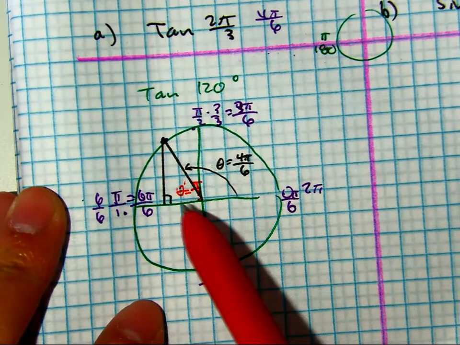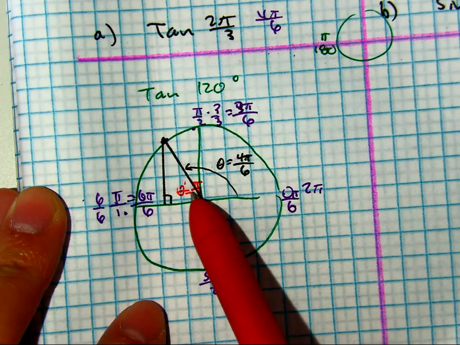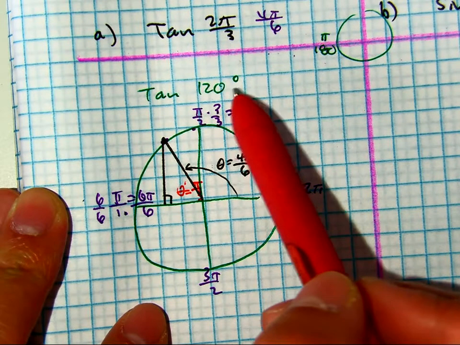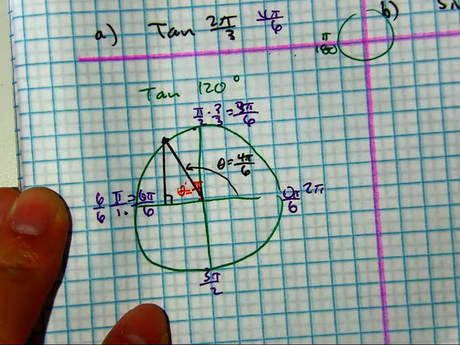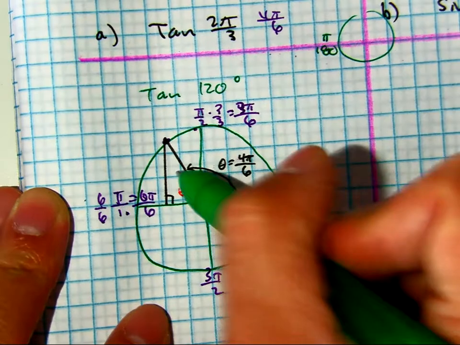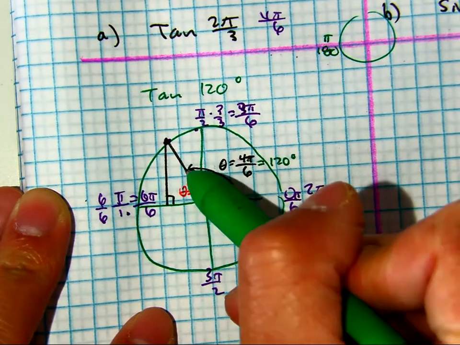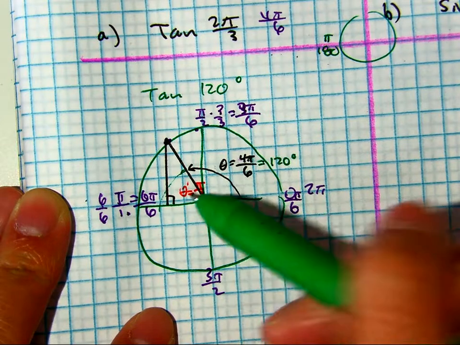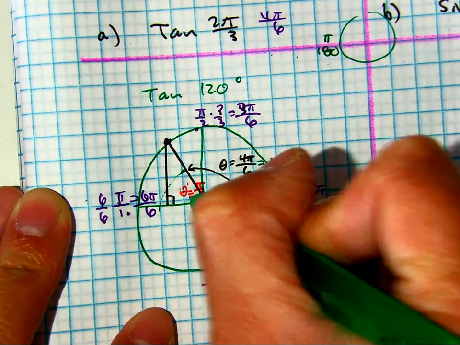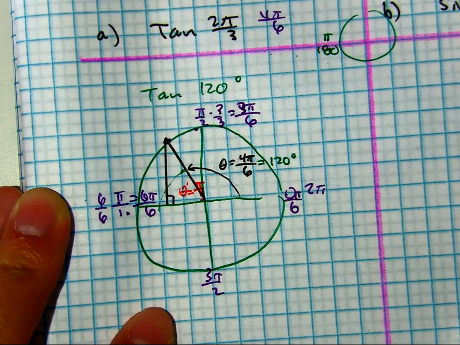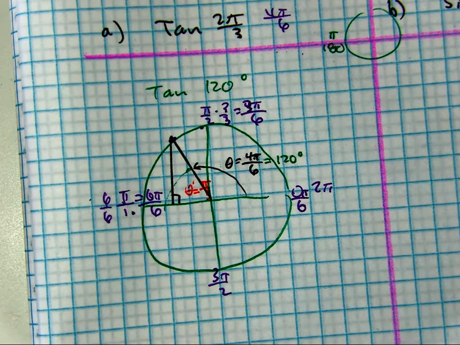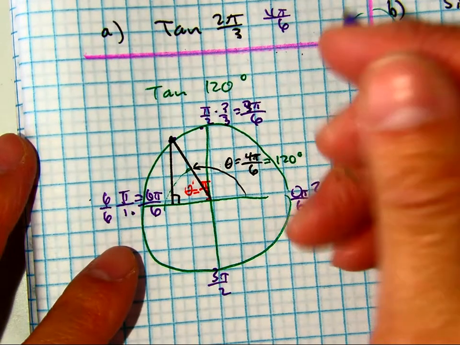Again, you can convert into degrees at this time, or earlier. If this is 120 degrees, class, how much is this angle going to be? This triangle is going to be a 60-degree triangle. Raise your hand if you got a 30, 60, 90.